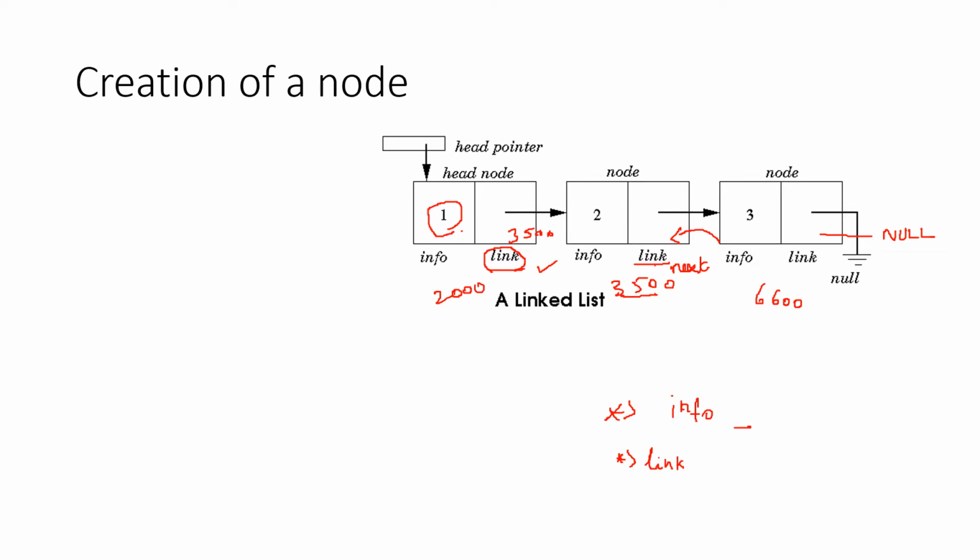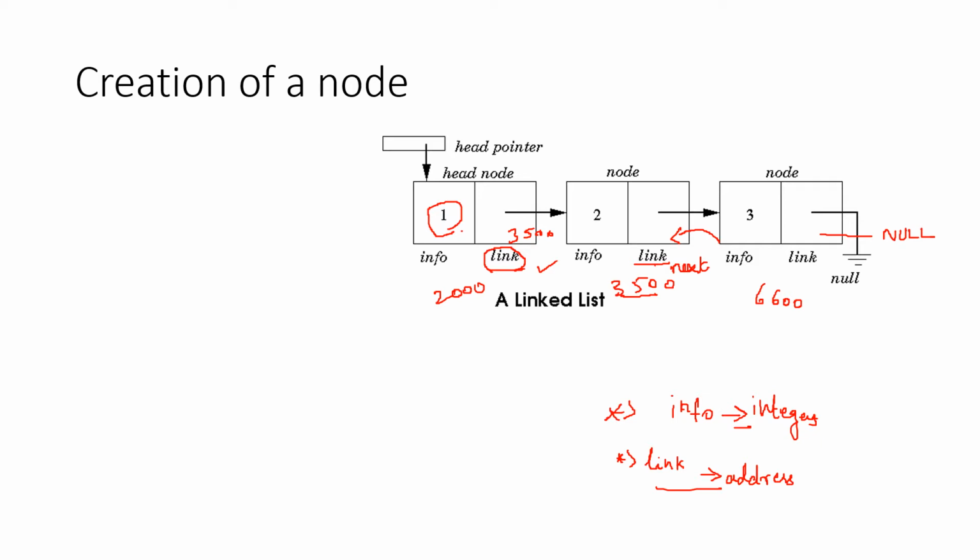But here I'm saying that in the info field, I'm just going to store information of integer type only. And as we said earlier, a link field is used to store the address of the next node. It means link is nothing but a pointer.